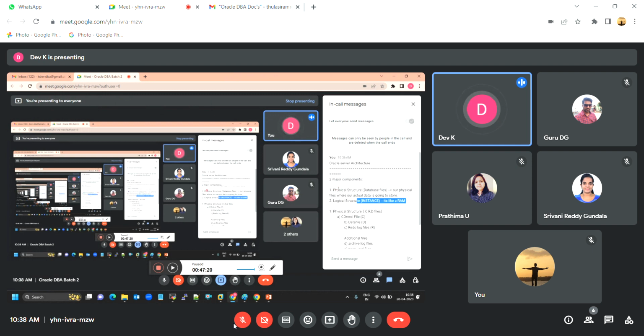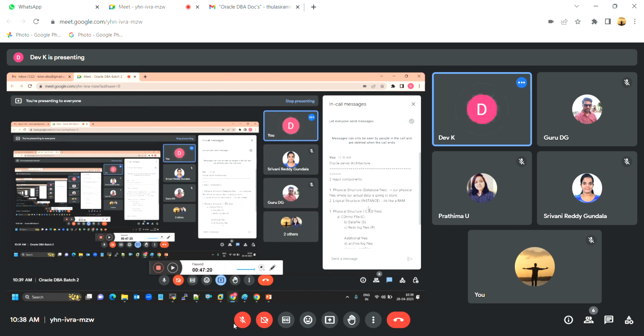The physical structure is all about database files, that means the CRD files: control files, redo log files, and data files. And the logical structure is totally about the memory, that is the database instance, which is a combination of memory plus background processes.